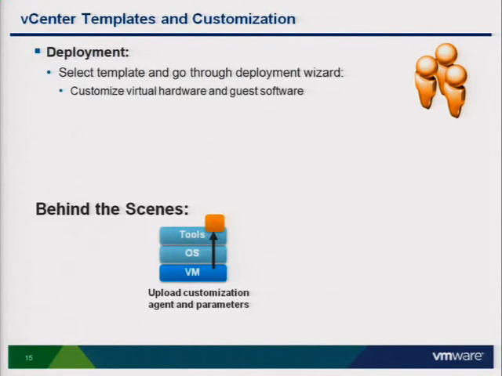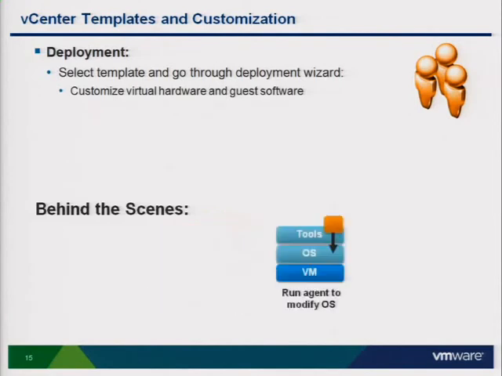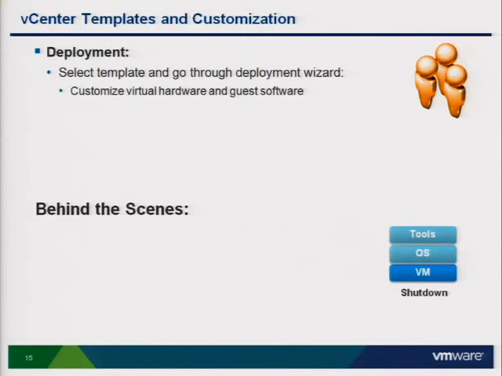And that agent then gets provided the customization information you typed in during the wizard, and then it goes in and modifies the OS. So for Windows, it configures the work groups, the network settings, it puts it into sysprep mode, it reboots it a few times, and so forth. So actually quite a lot of machinery is at work here. And then at the end, it gets powered off, and you have your customized Windows. So that's kind of nice.